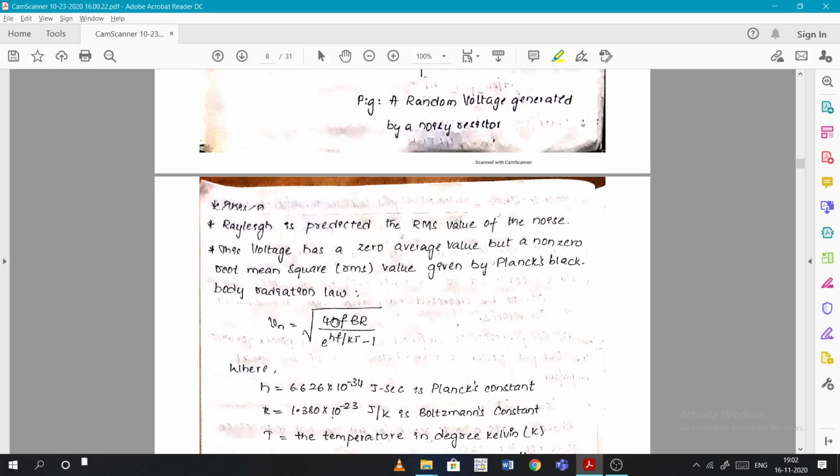Here h is Planck's constant, 6.6 into 10 power minus 34 joule second, f is the frequency, B is the bandwidth, R is the resistance, k is the Boltzmann constant, 1.3 into 10 power minus 23 joules per Kelvin, and T is the temperature in Kelvin. Remember, wherever you get T, substitute it in Kelvin only, not in degrees.